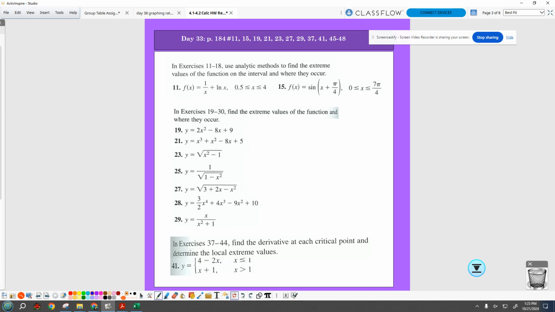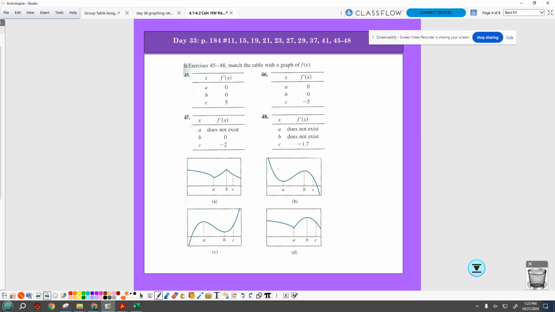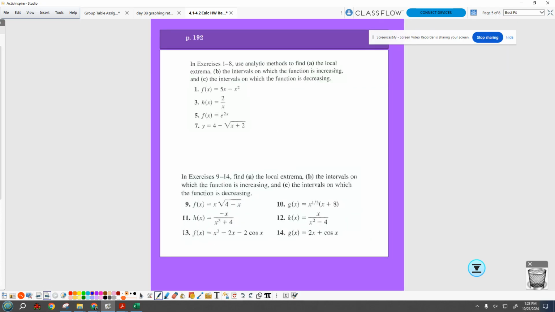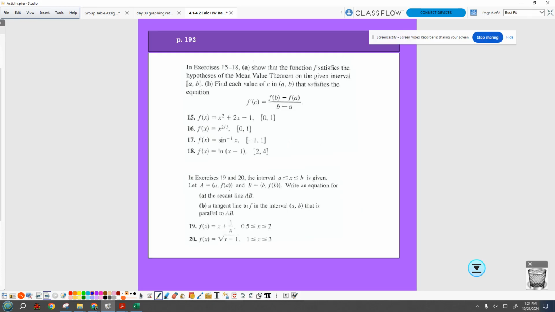What else from the homework? I kind of want to make sure you guys can do mean value theorem. This did not go well in first period. Can you try 17?